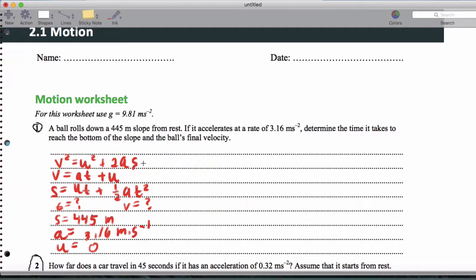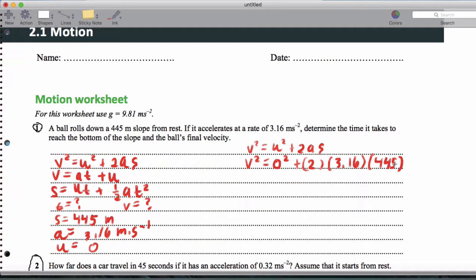So I'll actually start with this top equation here. We have v squared is u squared plus 2as. So v at the bottom of the hill, we start off with a speed of 0, or velocity of 0. We have our 2, which is given in the problem, 3.16 times 445, and so we can actually go ahead and solve for v using that set of numbers.